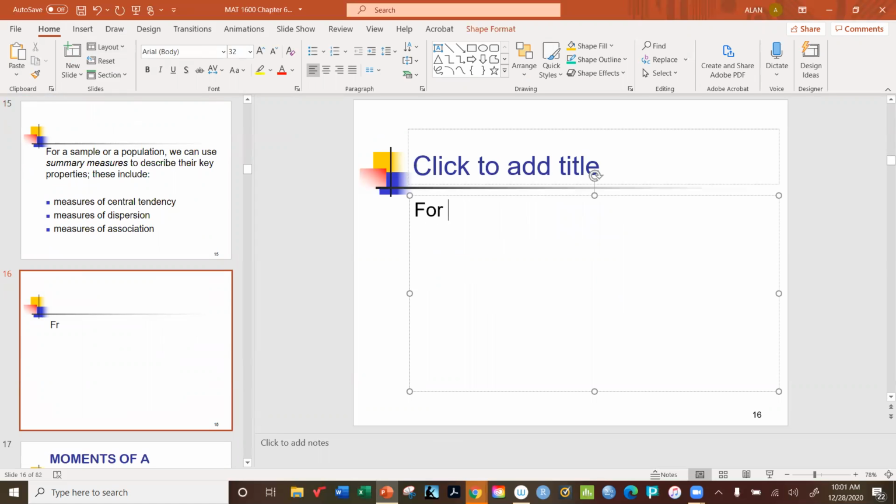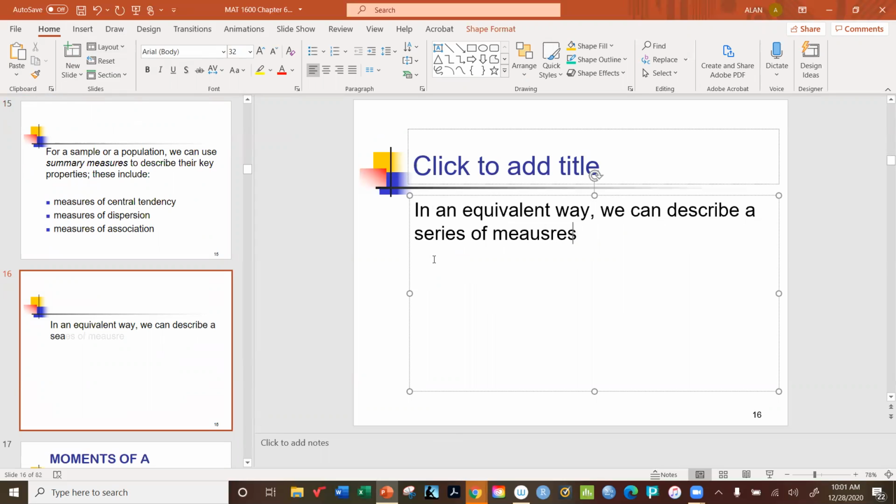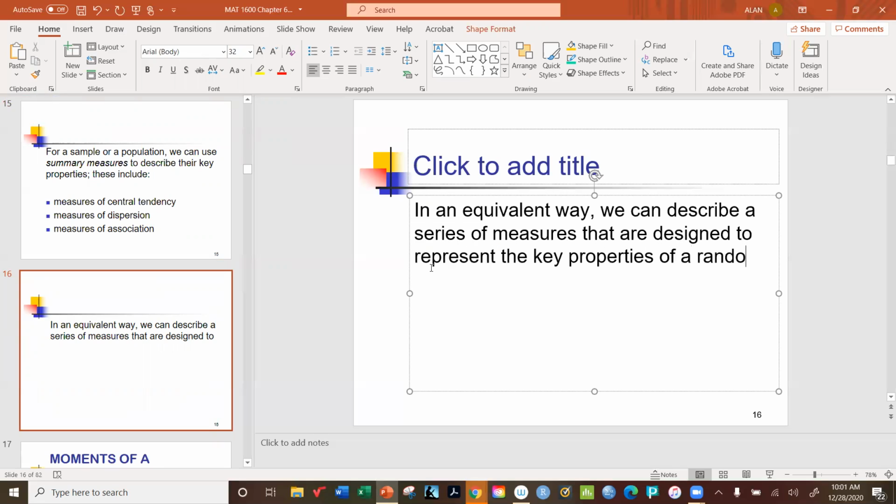In an equivalent way, we can describe a series of measures that are designed to represent the key properties of a random variable.